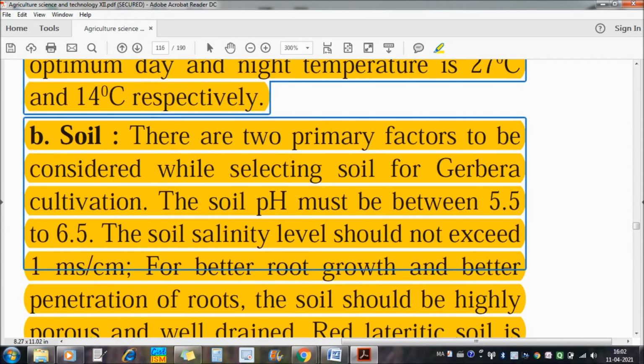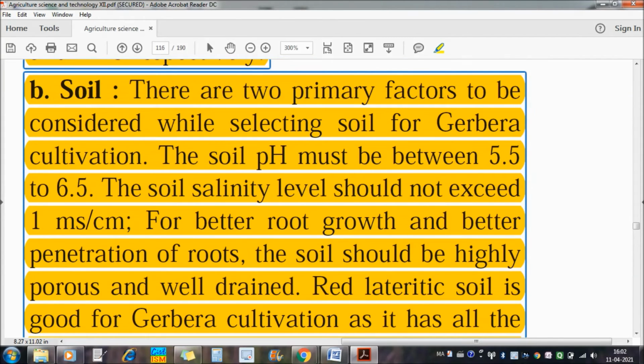Then in the case of soil, you have to maintain the fertility and productivity of the soil. There are two primary factors for selecting soil for gerbera. Here, the soil pH should be between 5.5 and 6.5. This is actually acidic pH.